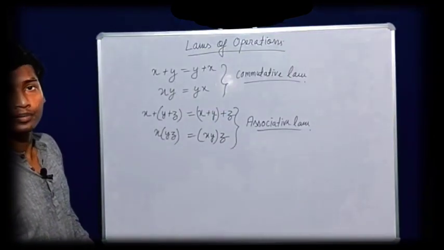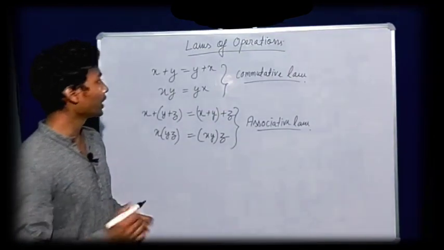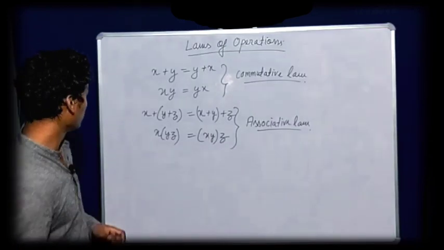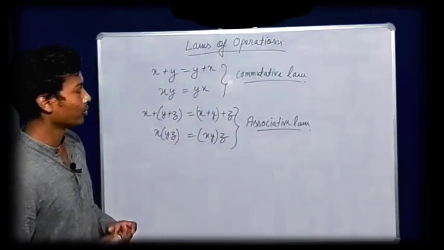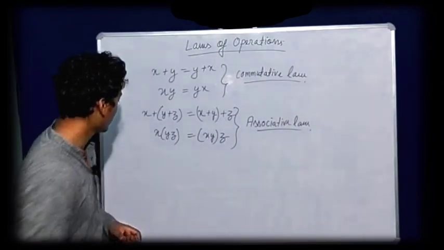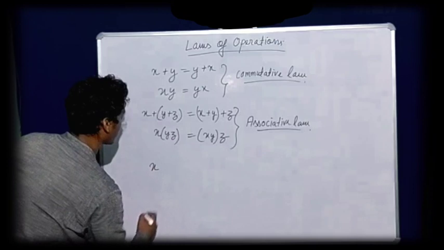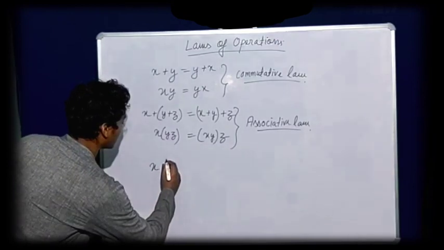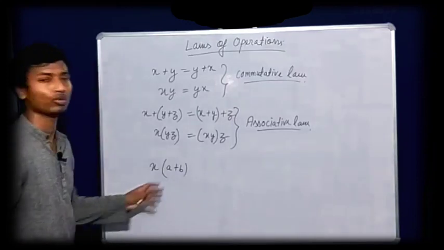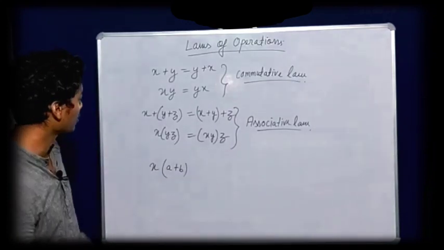Then we can apply the distributive law on variables as well. So basically it is the distribution of multiplication over addition. So if I write x multiplied by a plus b, so I'm using this variable and just changing the variable.